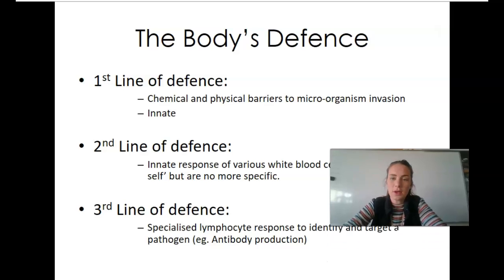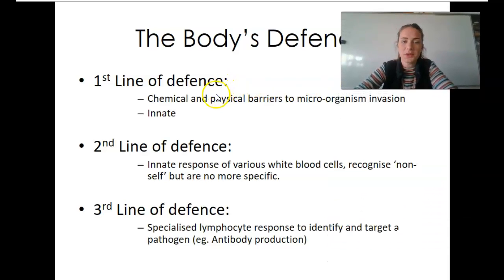I still like to talk about the immune system in terms of these 3 lines of defense. It is a really nice, neat way, and there's cute little analogies you can use to describe it. But it's a nice, neat way to talk about how the body defends itself. It's very military style. So the first line of defense and the second line of defense, these are the ones that we're focusing on today. They are both innate.